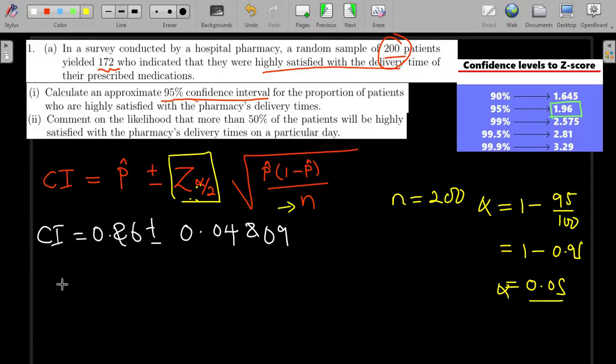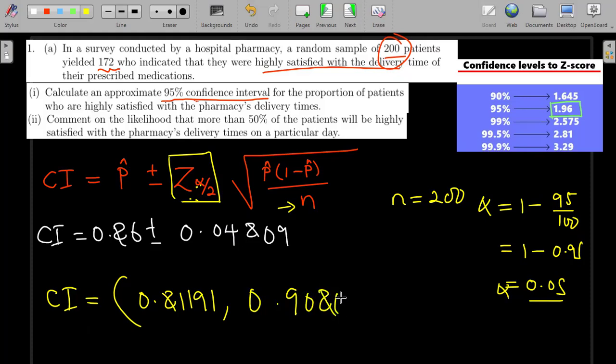So it means my confidence interval will be, in curved brackets, 0.86 minus 0.04809, which gives 0.81191, comma, and then 0.86 plus 0.04809, which gives 0.90809.